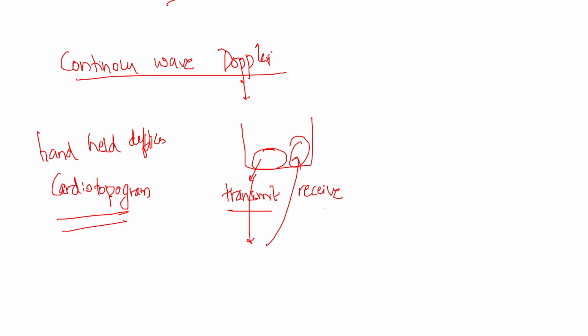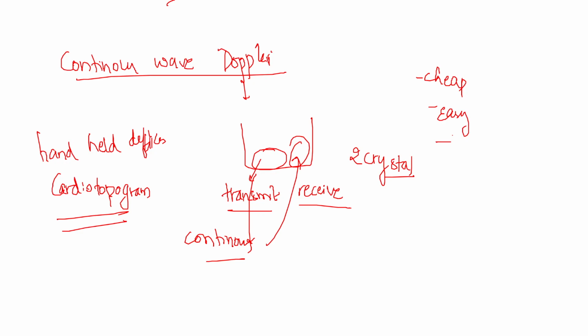Because the transmission of sound is continuous and the receiving of sound is also continuous, we call it continuous wave Doppler. The main advantages of this two-crystal continuous wave Doppler are that it is cheap, easy to use, and has high sensitivity to flow.